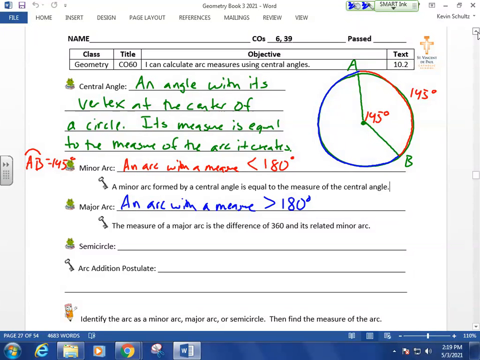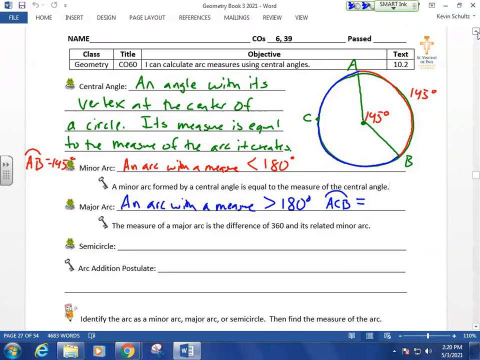Well, the difference is that a major arc has to have a third point. So you would have to add a third point somewhere on the arc. And then to notate this, we would say arc ACB. So a major arc will always have 3 letters to show you that you're kind of going a long way around. A minor arc only uses 2 because it's the most direct arc path from A to B. Okay? So arc ACB, what would the measure of arc ACB be? If the minor arc there is 145, what is the measure of arc ACB?